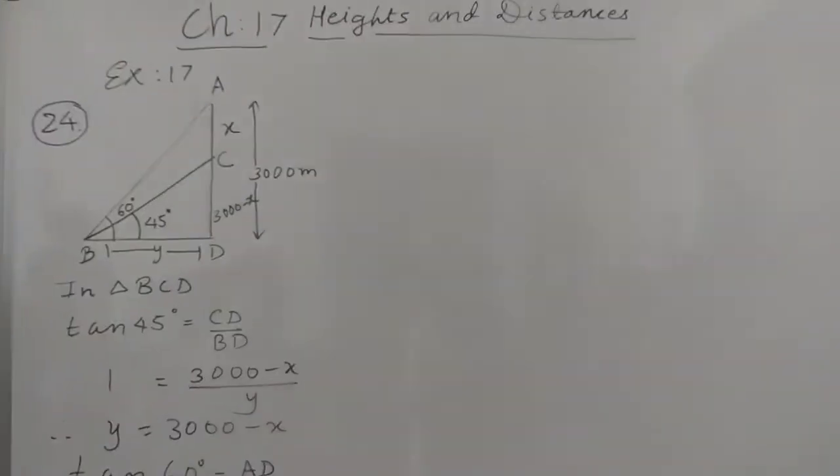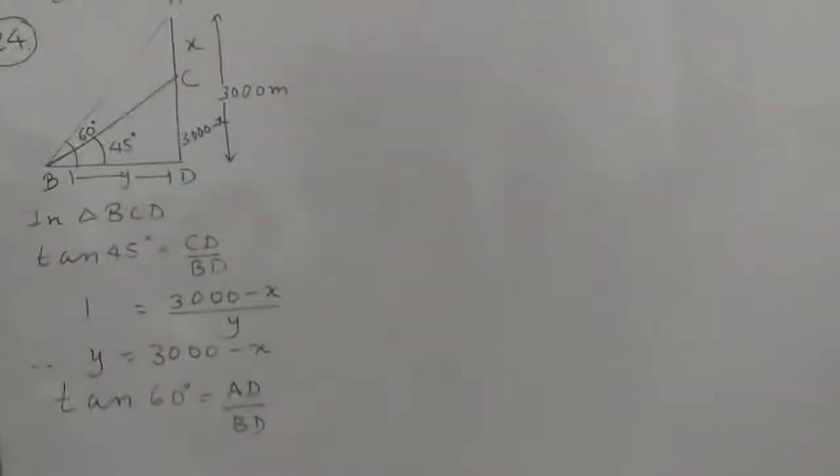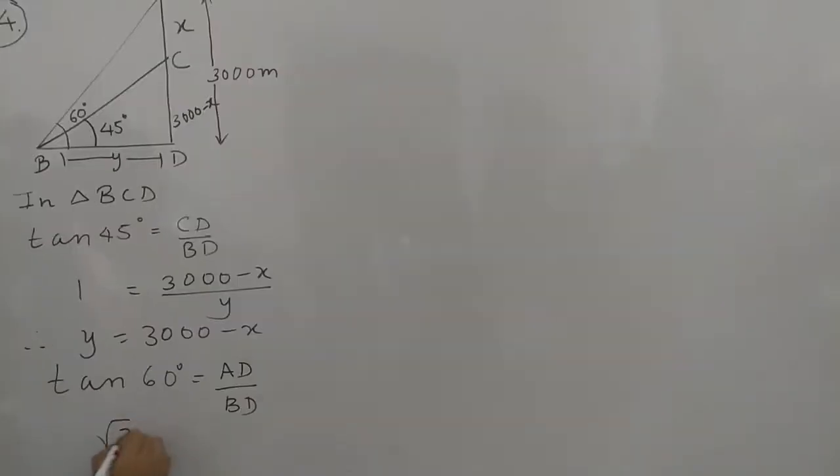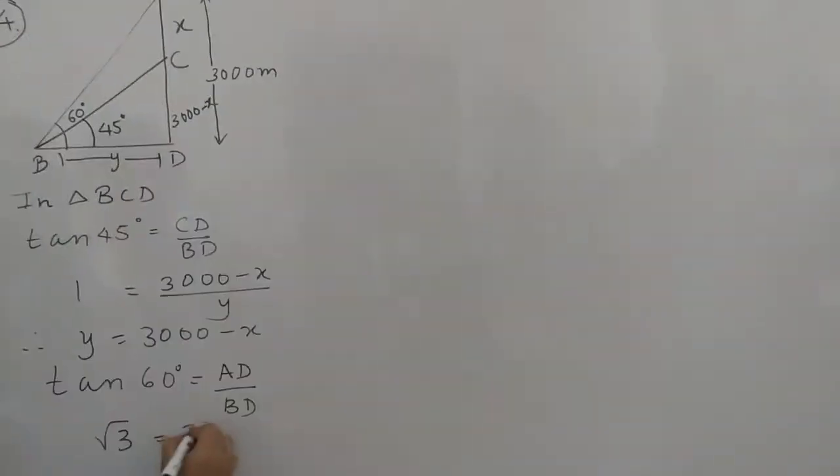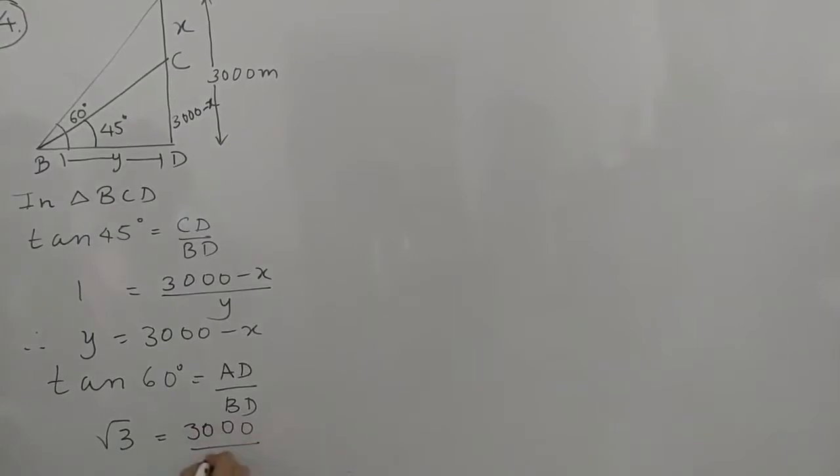Now we take tan 60 degree. Tan 60 degree is equal to the whole AD upon BD. Then tan 60 degree, what is the value that we'll write here? It is root 3. AD total is 3000 upon BD.